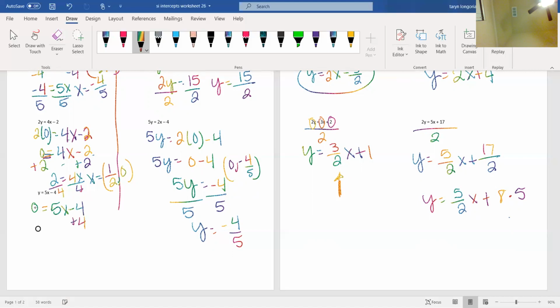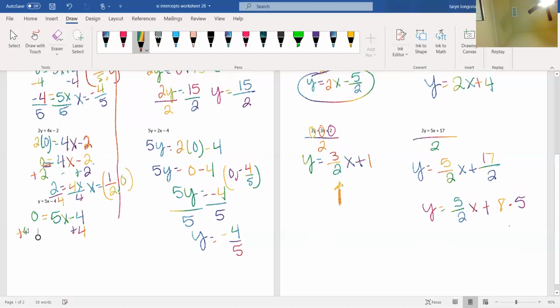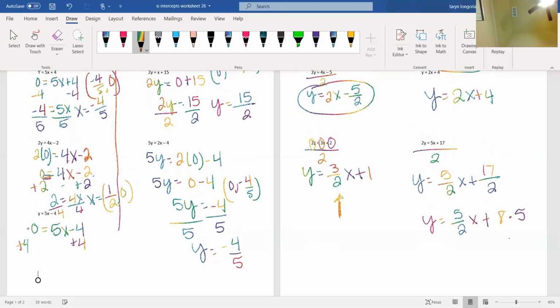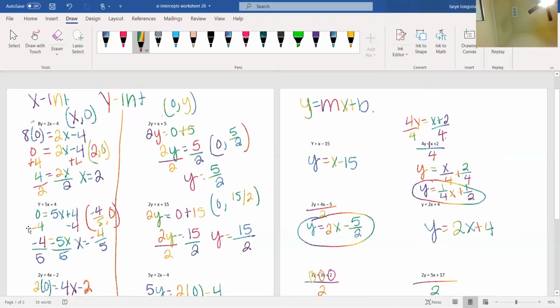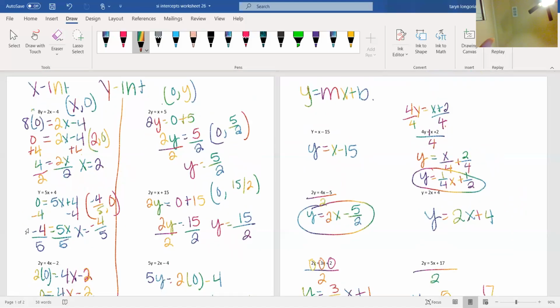Get it by itself. So you end up getting 4 equals 5x, divided by 5, you get x equals 4 over 5. Then write it as an ordered pair. And that is it for that worksheet.